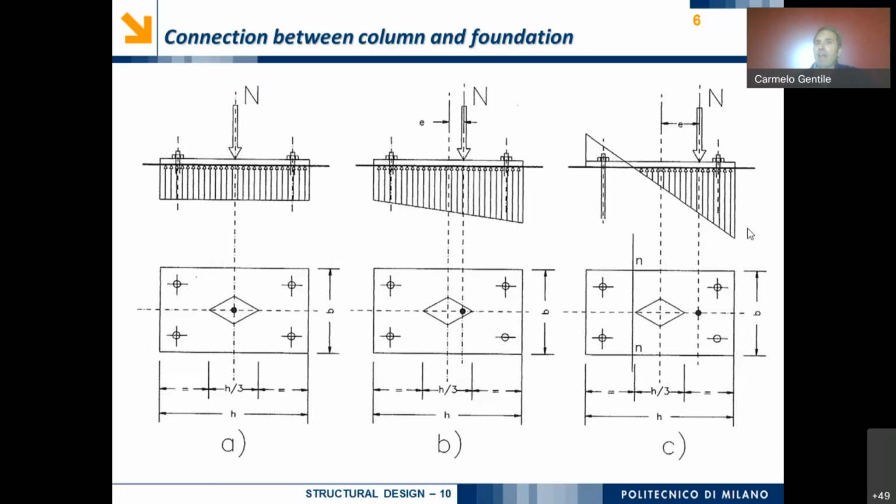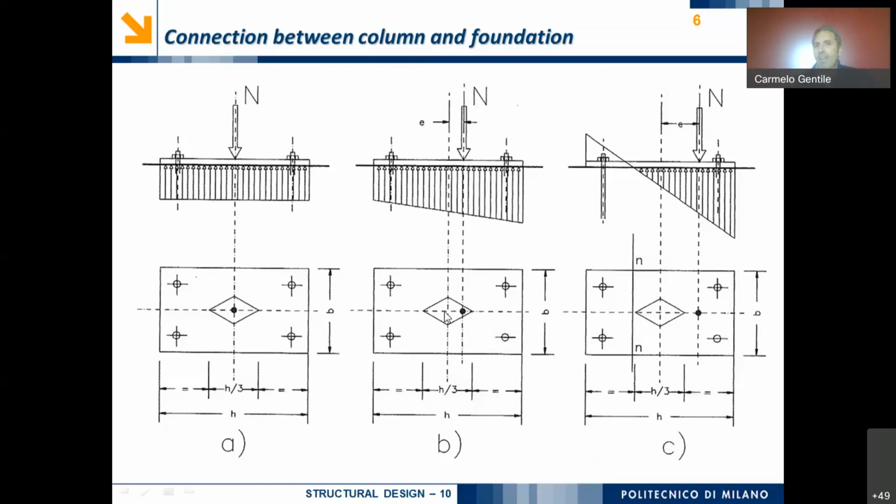left hand side. Of course, when the eccentricity exceeds the core of inertia, what is called in Italian nocciolo d'inerzia, of the cross section.